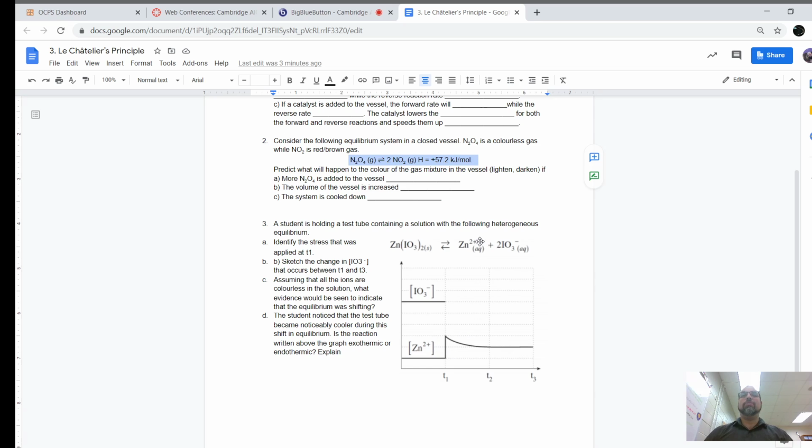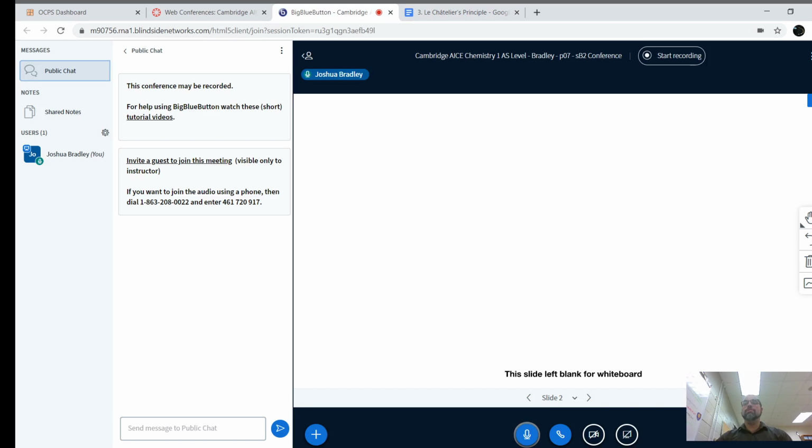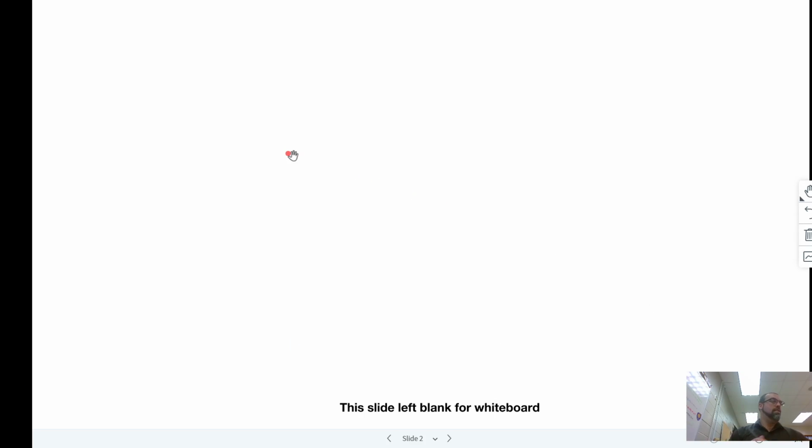So we added a whole bunch of zinc ions, and therefore, what are we going to do to this IO3? Well, when we add to this side, we will push it to the left. And since we didn't add any IO3 ions, when we push it to the left, we're going to use more of these ions.